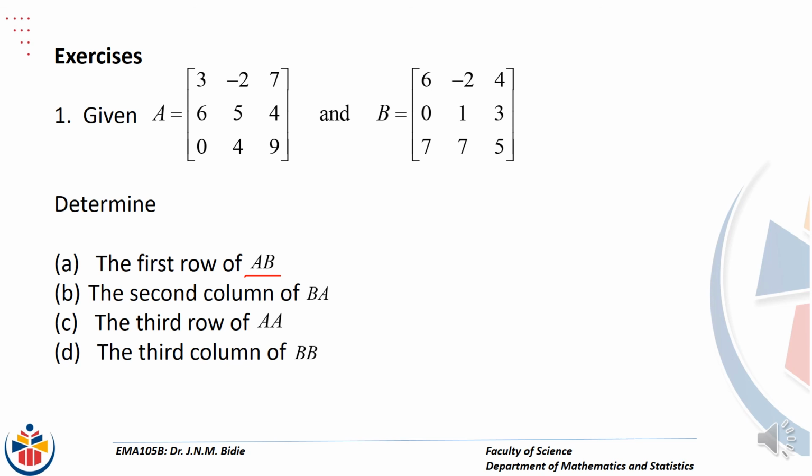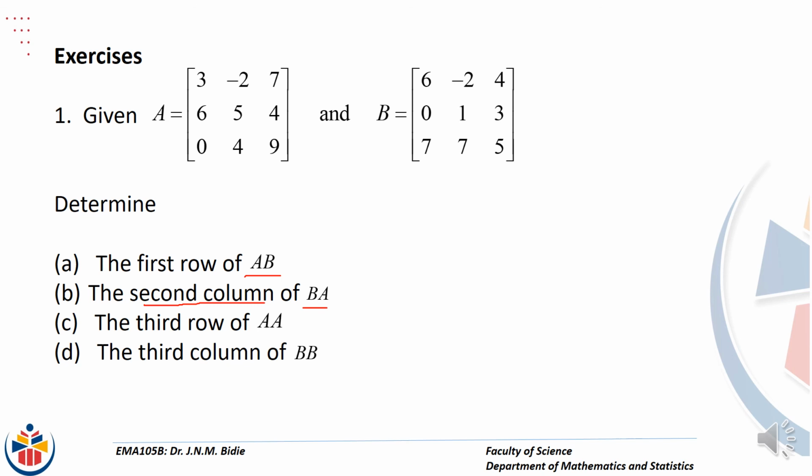Note now, when you get to number 2, we are looking at the second column of BA. That means B is the first matrix and A is the second matrix. You can isolate a column or a particular row that you're talking about. Please note that B is the first matrix. So in B, we're taking rows.